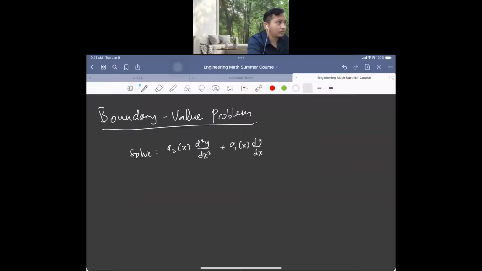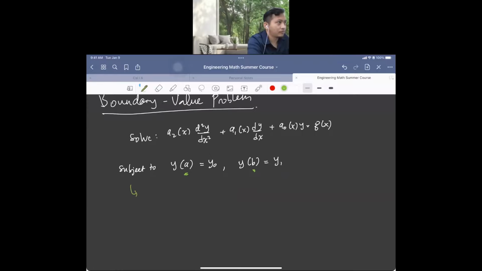Let's say we have the second order, which is subject to two conditions, but we have different x, okay, right?